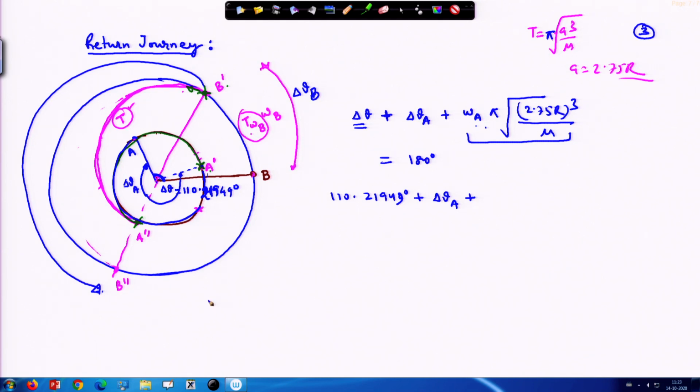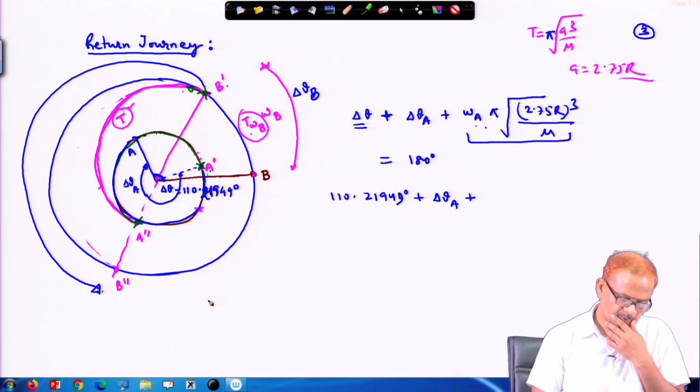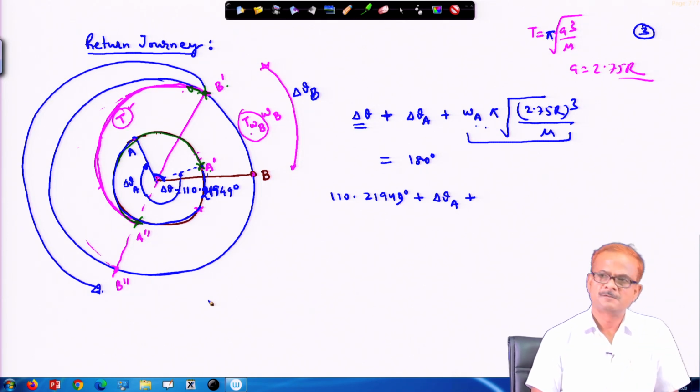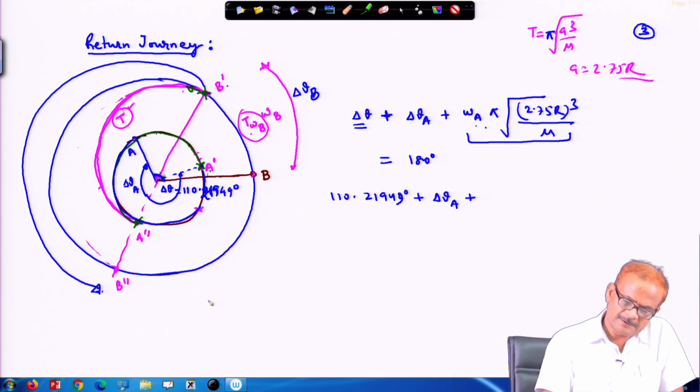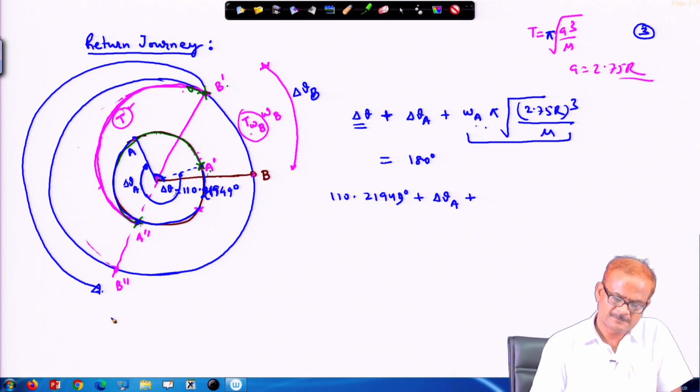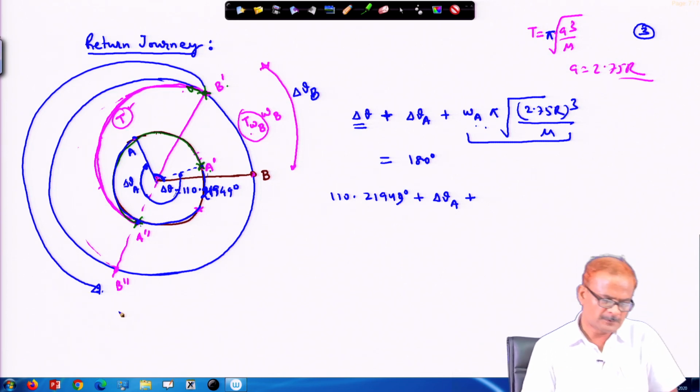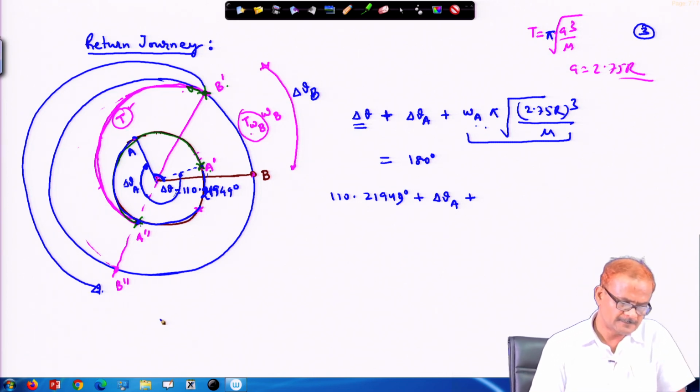A little bit there is a twist which we have to take into account while working with this. Already we have looked into that A will start from this place, move by delta theta A here, and then again from this place it will come to this place. So, we have to properly account for this fact.